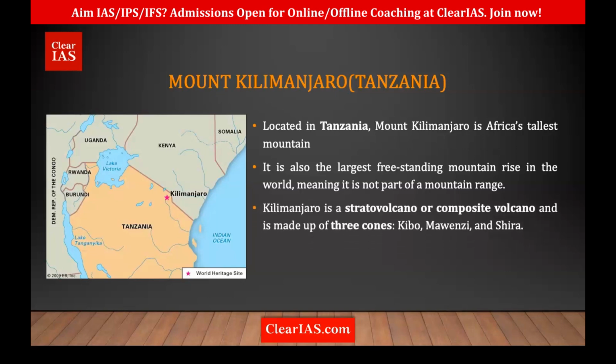It is also a stratovolcano, that is, a composite volcano, which means it has multiple cones of acidic and basic volcanic flows. It has 3 cones: Kibo, Mawenzi, and Shira. And it is also a UNESCO World Heritage Site.